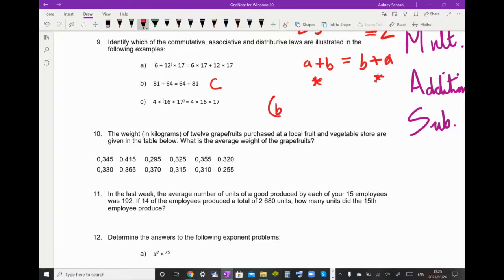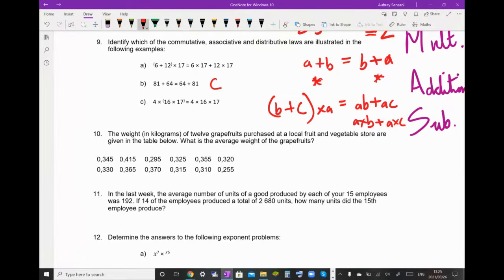We have B plus C, times A, is equal to AB plus AC. Can you see that? This is the same as saying A times B plus A times C.